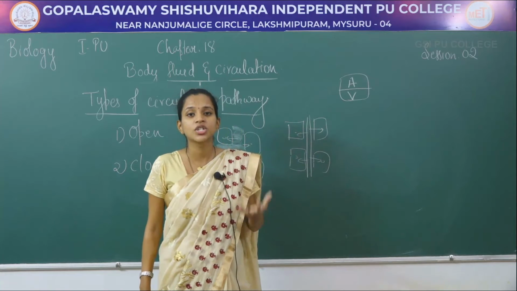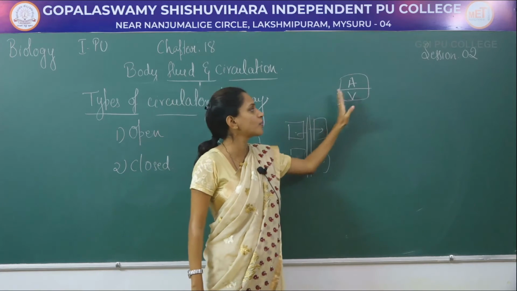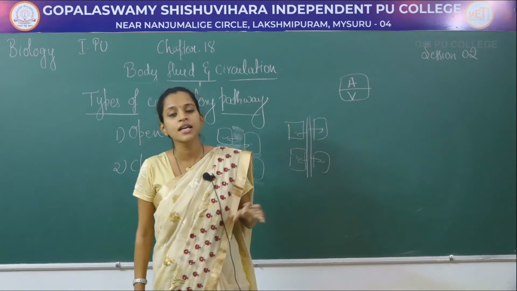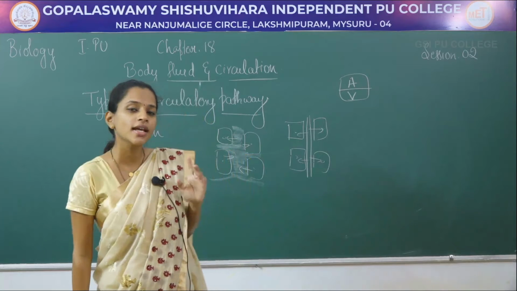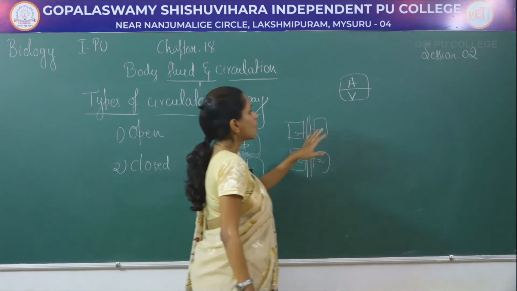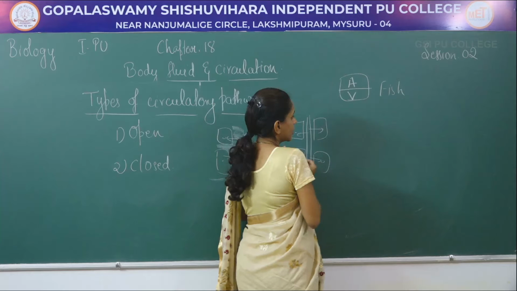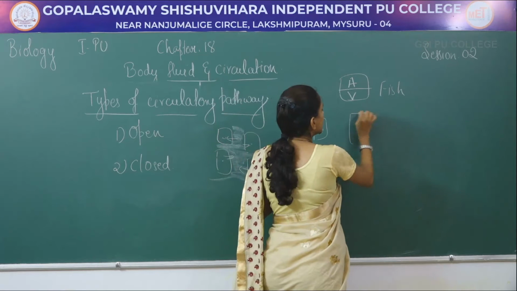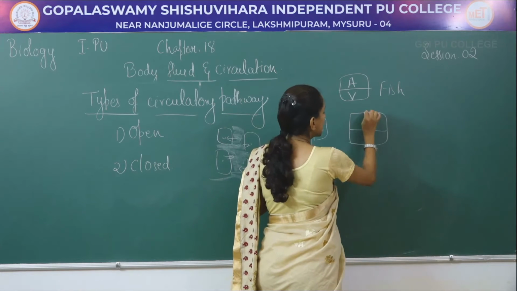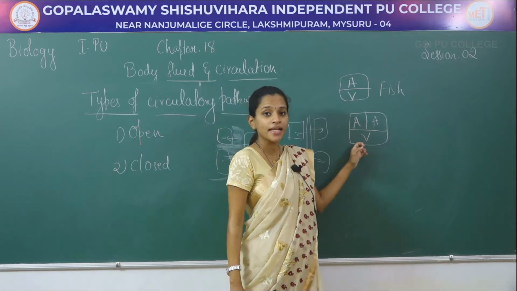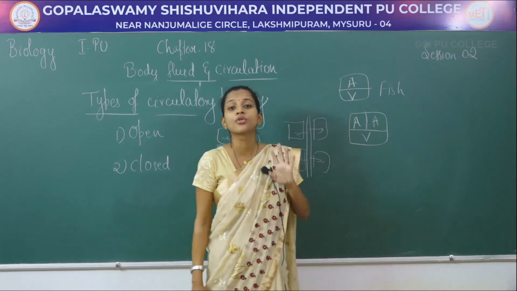That means the exchange of gases, oxygen, is not done in the auricle and ventricle because they directly take it through their respiratory system. So fishes have a two chambered heart. When it comes to reptiles, reptiles have a three chambered heart, except crocodile.